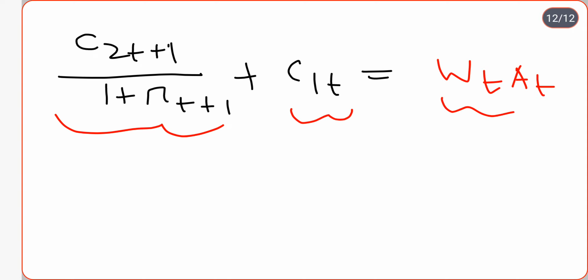Obviously the labor income is WT AT. So you can say that this is the entire present value of lifetime consumption.